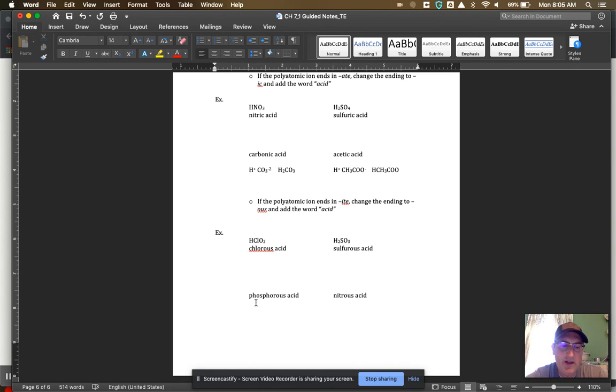Going from name to formula, you see the word acid, H plus is your positive ion. Now phosphorous, that goes back to phosphite. Ous goes back to ite. So phosphite is PO3 minus 3.